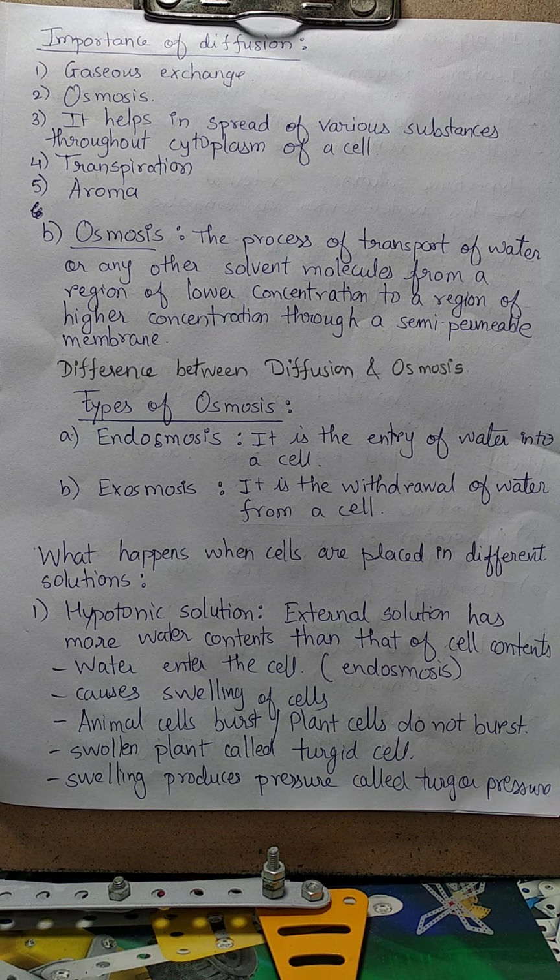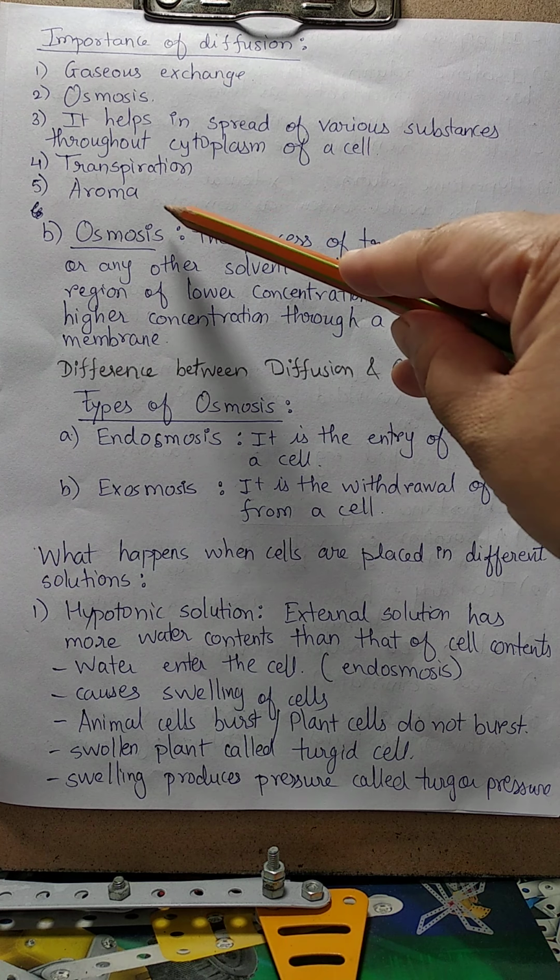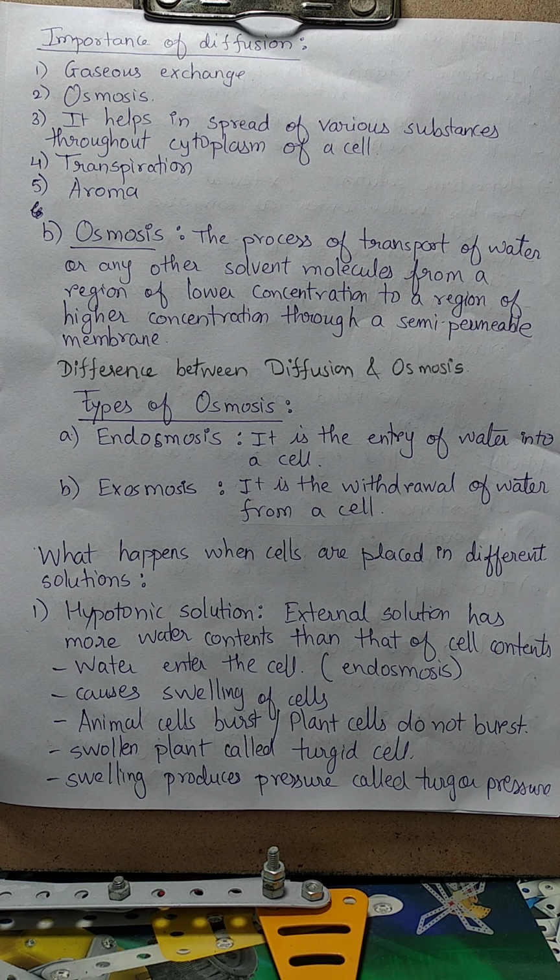When the concentration of water inside the plant becomes more, and it needs to excrete that water in the form of transpiration, how does it take place? Again, through the process of diffusion. Then aroma. Now, aroma means smell, good smell, which comes from ripened fruits or flowers, right? So how does it help the plant? Whenever a good aroma comes out of a ripened fruit or some flower, what happens due to diffusion?